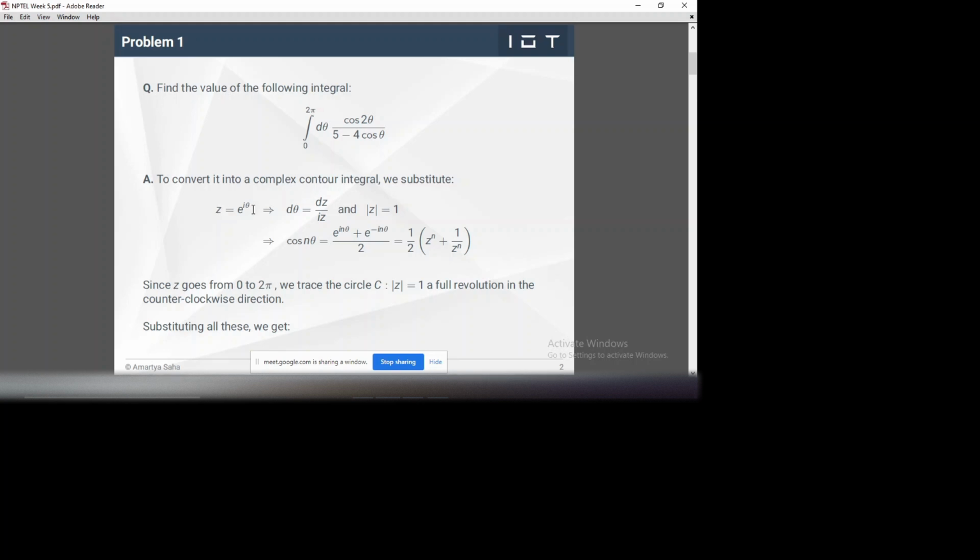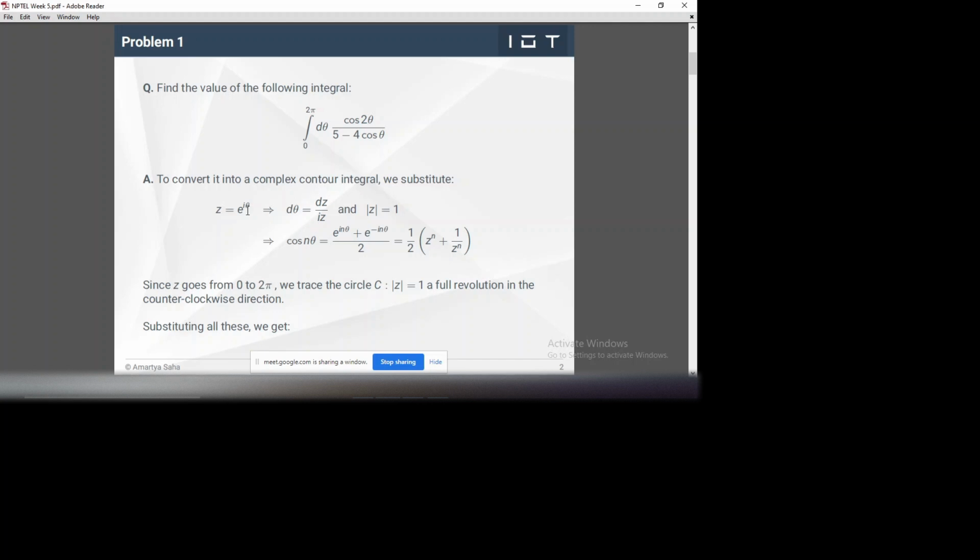So this is actually the unit circle centered at the origin. Our complex variable z lies on the unit circle centered at the origin, and since theta runs from 0 to 2 pi, we trace the unit circle once and completely.